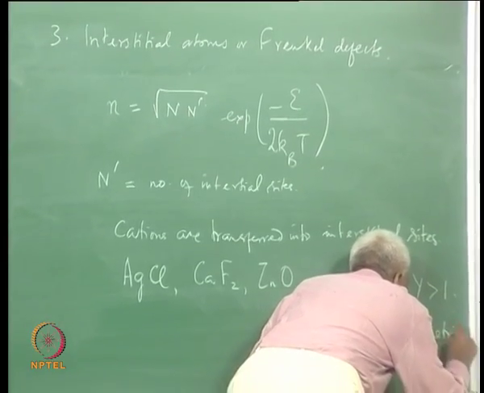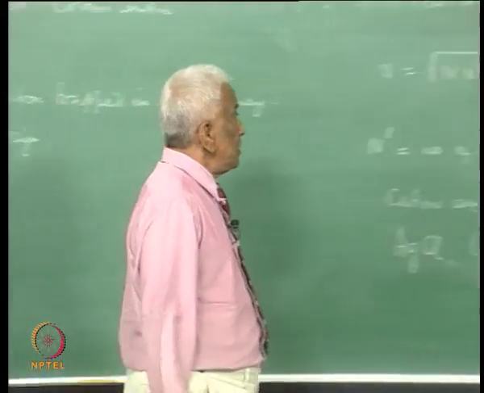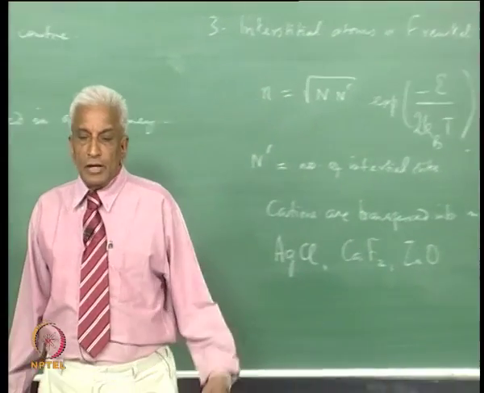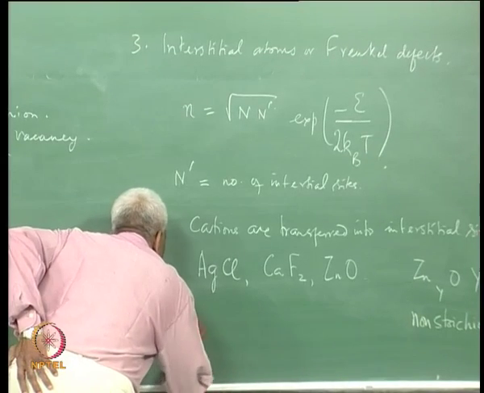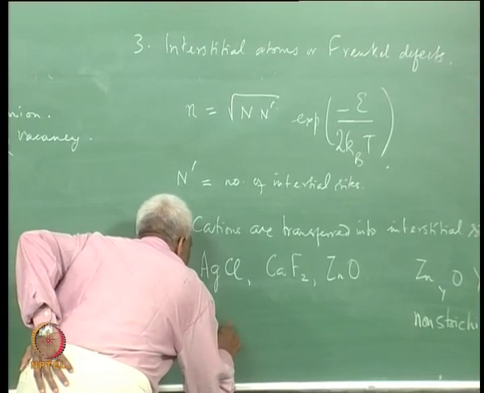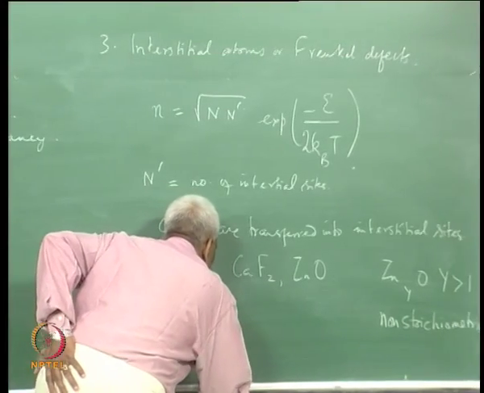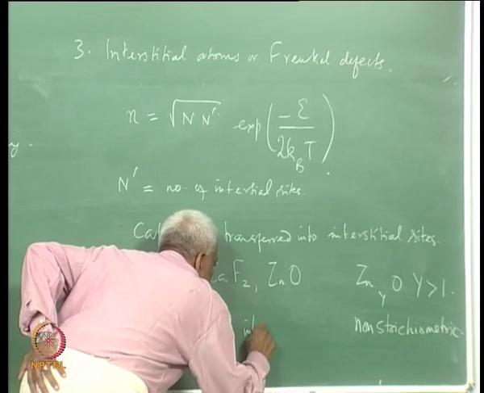This non-stoichiometry means that there is an excess of zinc ions in the crystal, and these occupy interstitial sites.